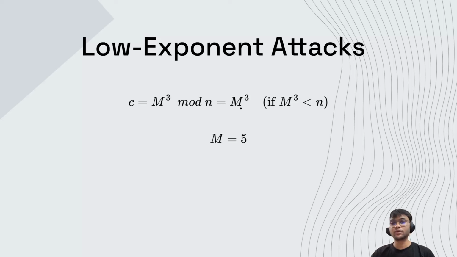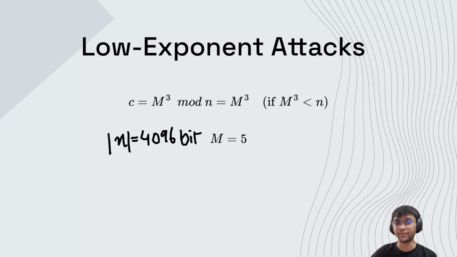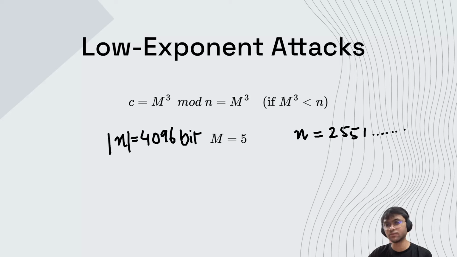Now, let's assume in a sample example, we choose the plaintext m is 5. We choose n to be a 4096 bit length number. What that would mean is n is really large, say 2, 5, 5, 1, some numbers, and 7, 2, which is very large as compared to m raised to 3.